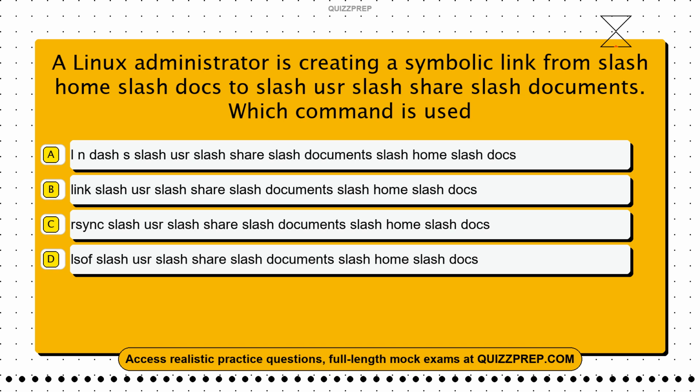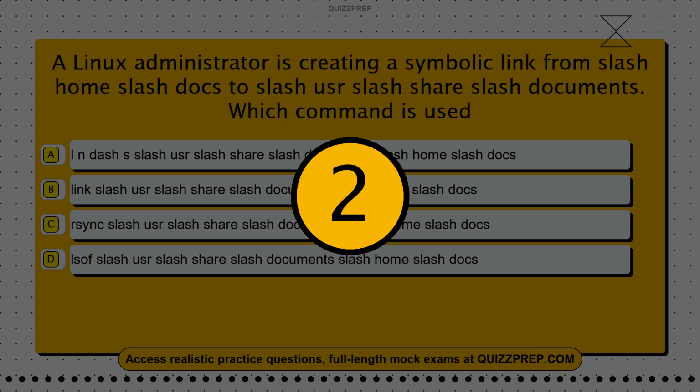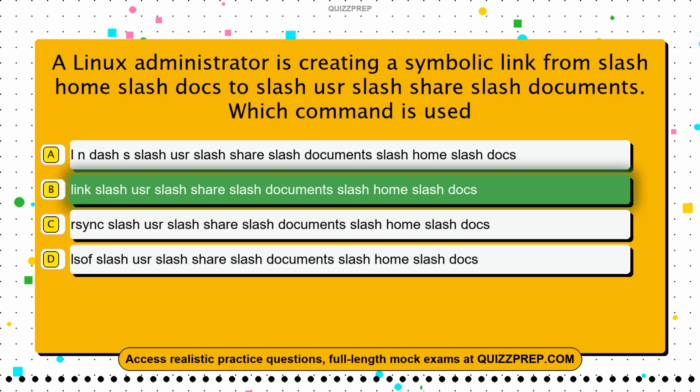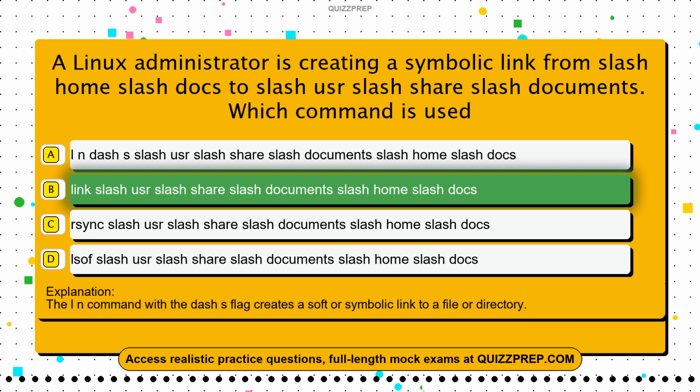Option D. soft /usr/share/documents /home/docs. The correct answer is option B. link /usr/share/documents /home/docs. The ln command with the -s flag creates a soft or symbolic link to a file or directory.